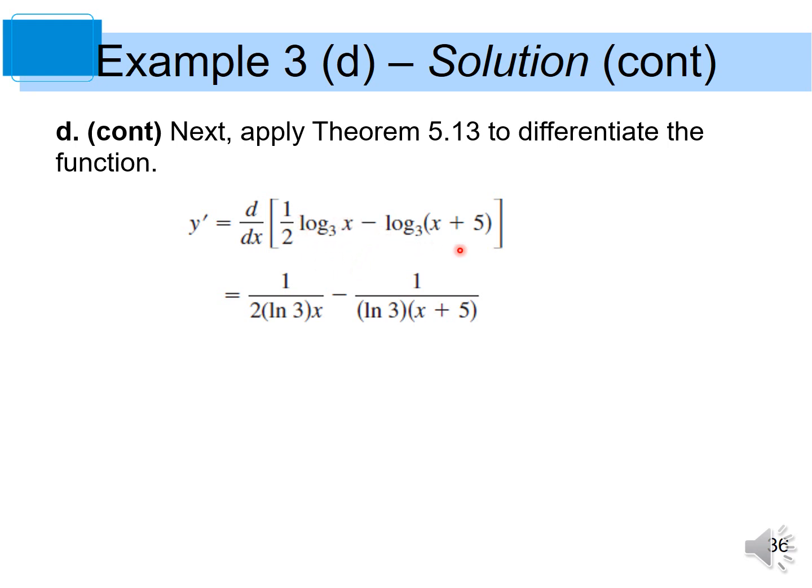And for the second term, log x plus 5 base 3, this is a composite function. The inner function is x plus 5, so we use the fourth formula. And then we simplify. So this is our final answer, in simplest form.